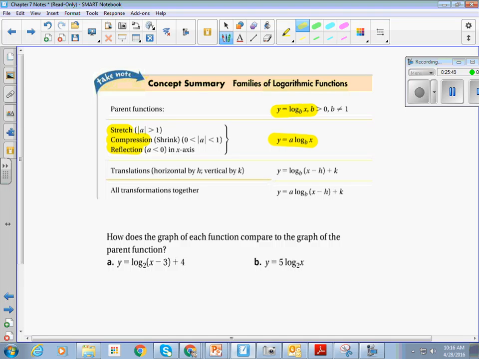So any coefficient of that function, whatever's in front of the log, is either going to stretch if it's greater than 1, compress if it's between 0 and 1, or reflect if it's negative.